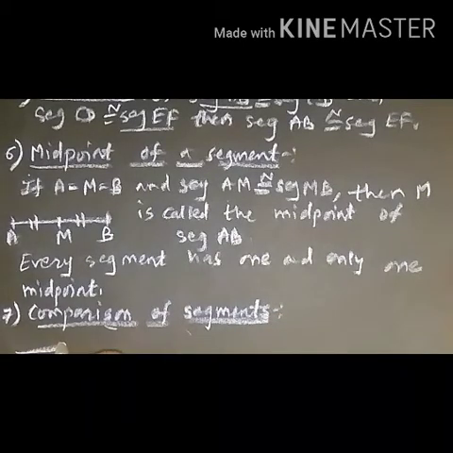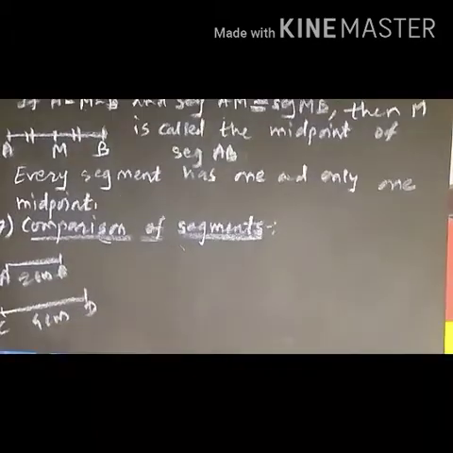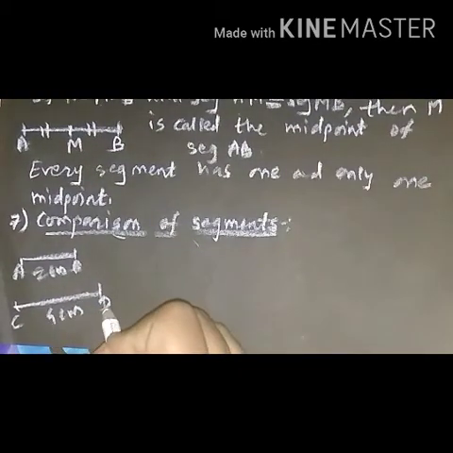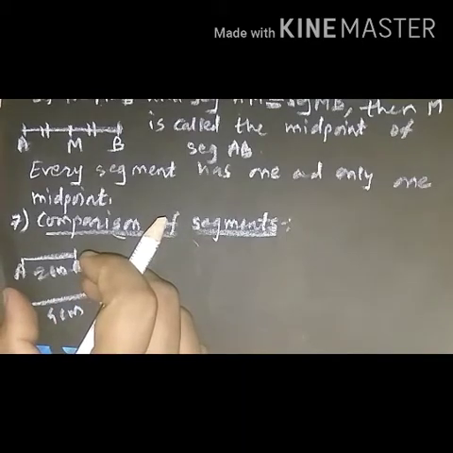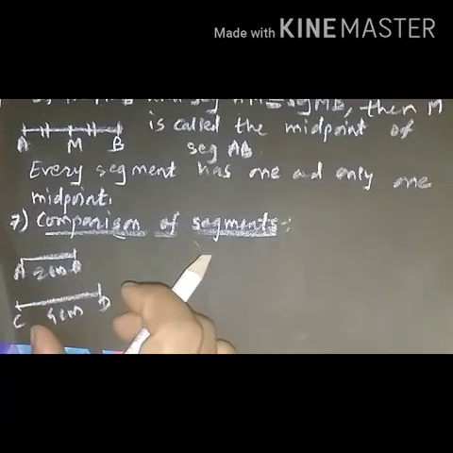Segment AB is given as 2 centimeter and segment CD is given as 4 centimeter. So AB is smaller than CD because AB is 2 centimeter and CD is 4 centimeter. So AB is less than CD.